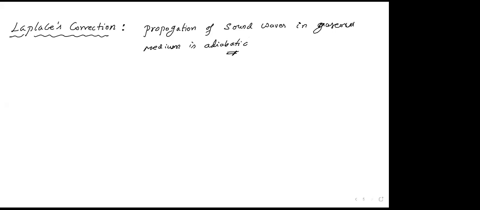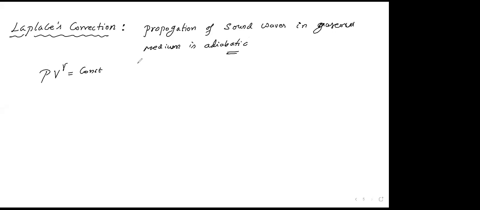Propagation of sound waves in a gaseous medium is adiabatic. It's not isothermal, it is adiabatic. Adiabatic means we know that PV power gamma is equal to constant. What is the gamma here?